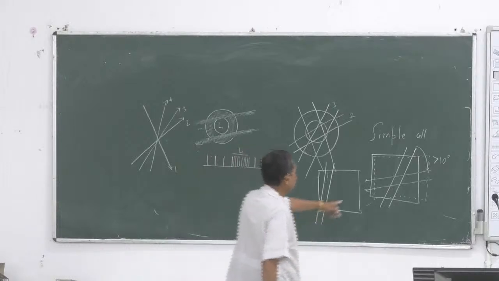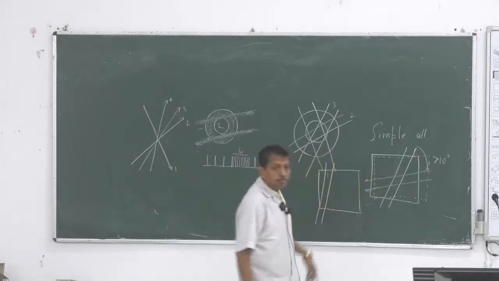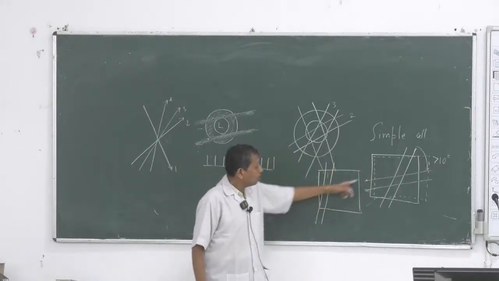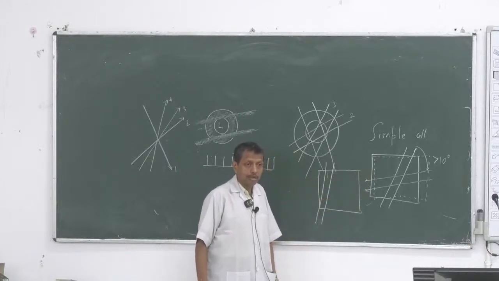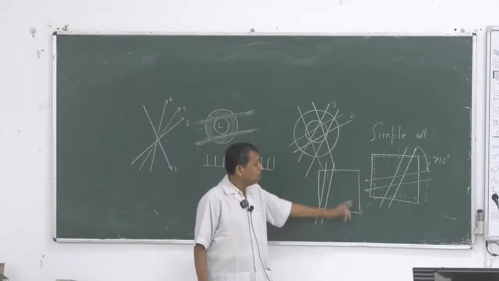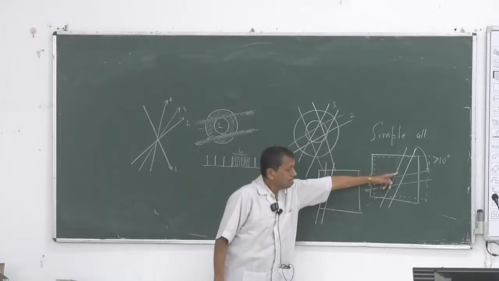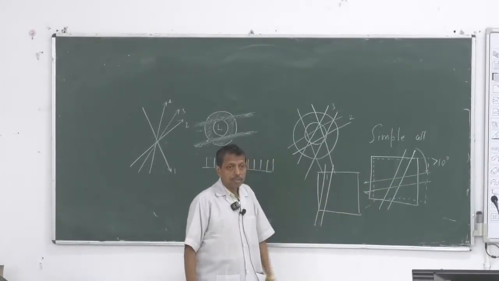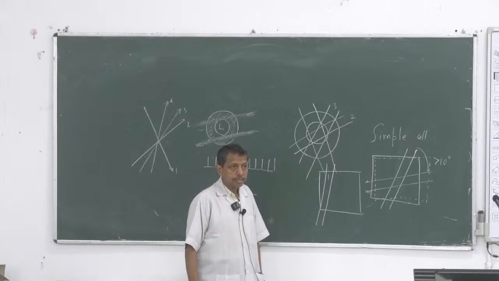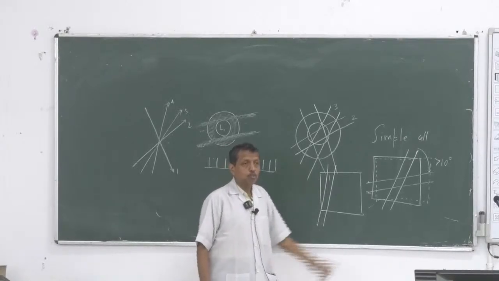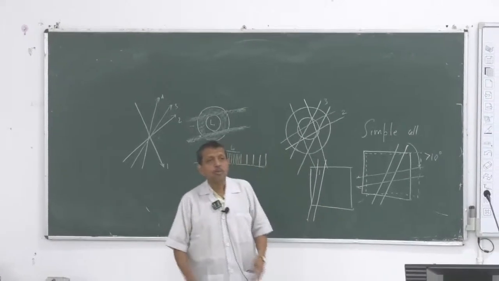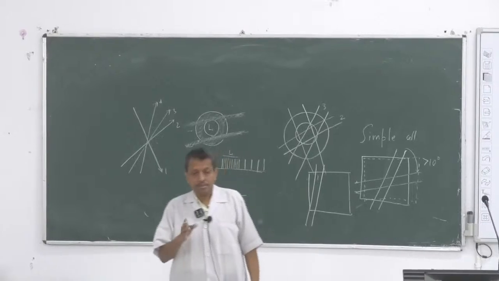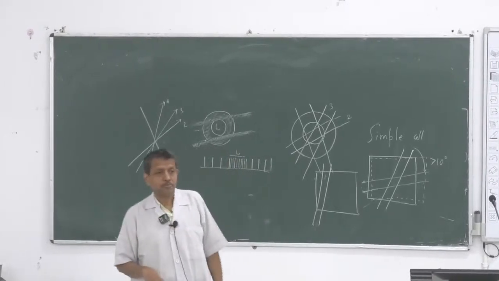Suppose in this case the orientation is the same, but the location in the field is different. So a simple cell has this type of orientation, and another cell, simple cells, have this type of orientation. So there is orientation specificity and also location specificity.